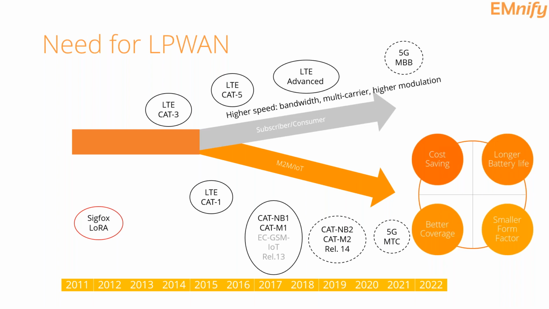So really focusing on IoT use cases with, let's say, 4 main advantages in mind. One thing is cost saving. Instead of supporting all these different features from LTE, just use very simple logic and provide simple modules for the sensor so that they can be very cheap. Longer battery life: you know that from your smartphone very well.